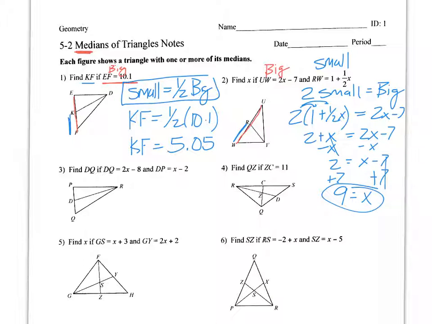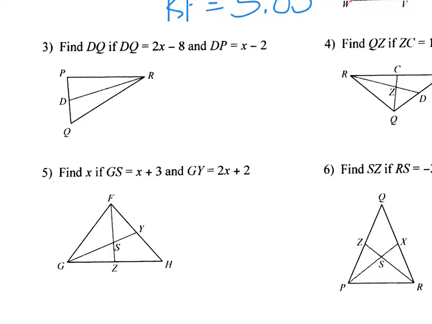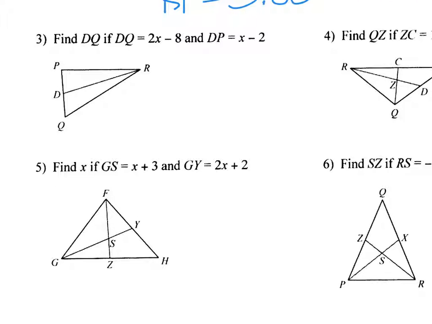So very, very similar to what we did with angle bisectors. Now that we've kind of seen this, I'm going to go ahead and finish these others here. All right, so let's take problem number 3. It says now find DQ, so I'm going to have to plug back in. There's DQ. DQ is a small.